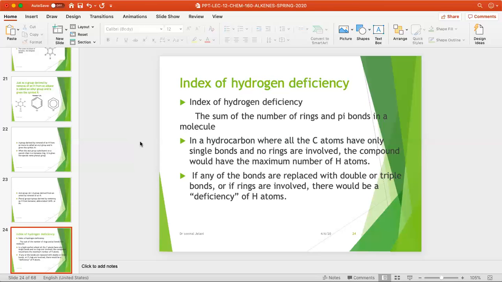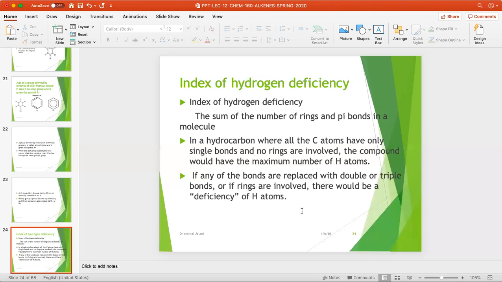If any of the bonds are replaced with double or triple bonds, or if rings are involved, there would be a deficiency of hydrogen atoms.